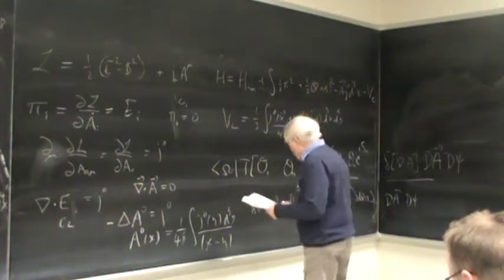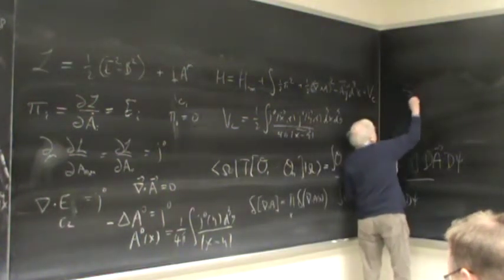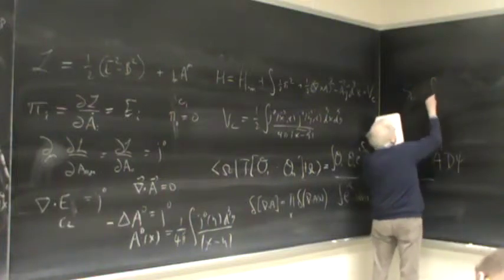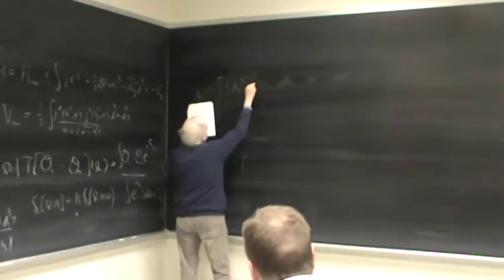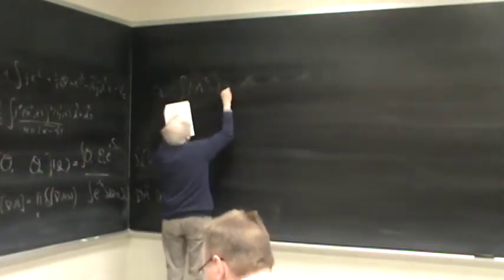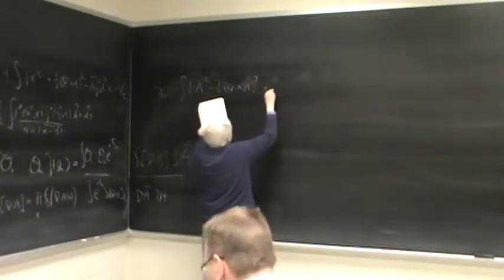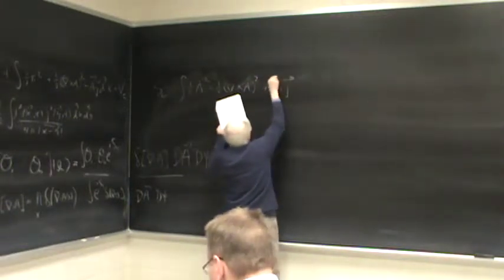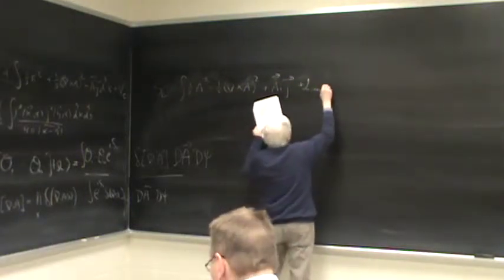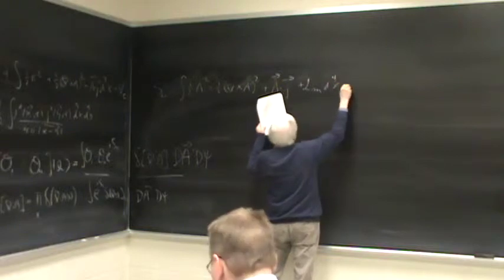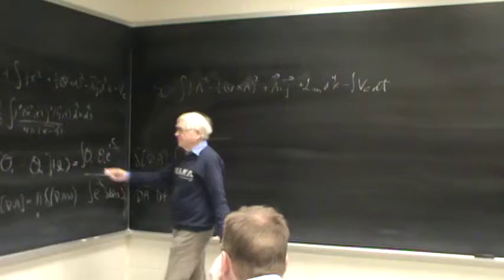Okay, and what is this S_C? Well, S_C is the Coulomb gauge action, which is a half A dot squared minus a half curl A squared plus A dot J, plus whatever the action density is in the matter fields, and then minus a time integral of this Coulomb term, which is over here.